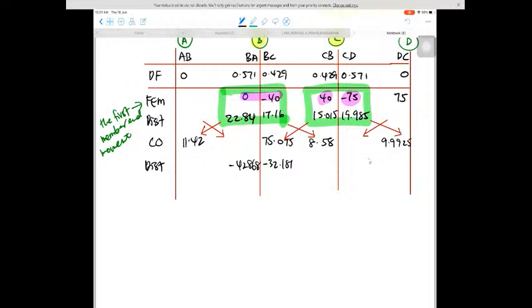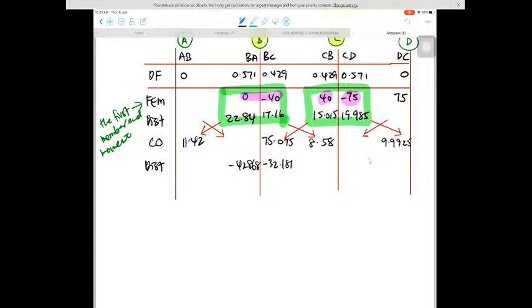Maybe we should do it like this. 75.075 times 0.571, we only consider up to 2 or 3 decimal points.